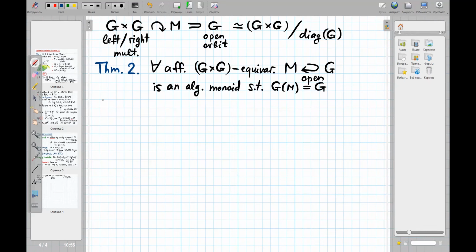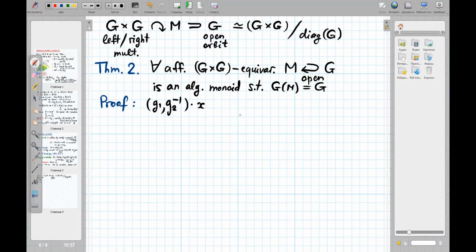Let's prove this theorem. So for any element in G cross G, so for any pair of elements G1, G2 in G, consider the action of the following pair, G1, comma, G2 inverse on any element of M. Professor, may I ask a question? Does the open embedding ensure that M is irreducible?